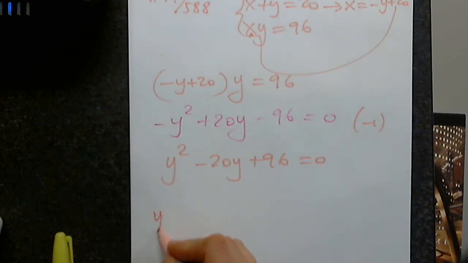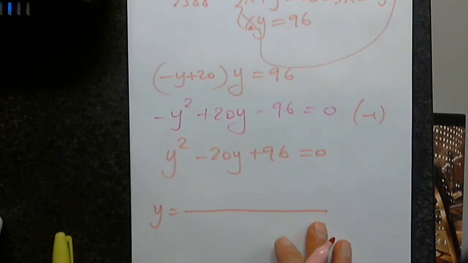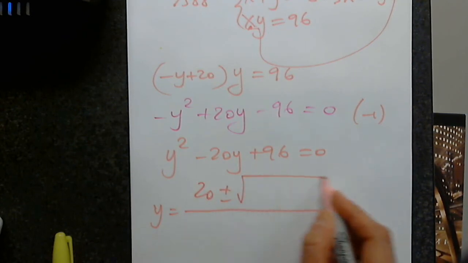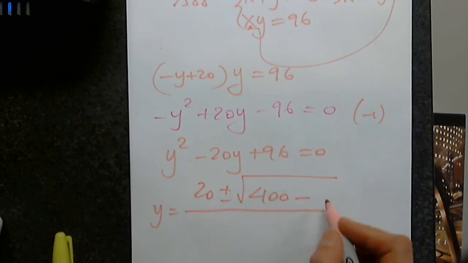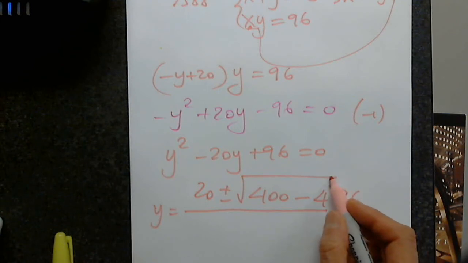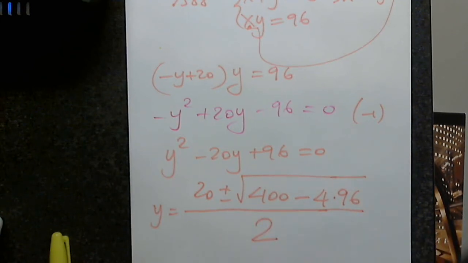Absolutely. Let's do that. y equals negative b plus or minus the square root of b squared minus 4ac, over 2a. Put it in the graphing calculator and tell me what you get.